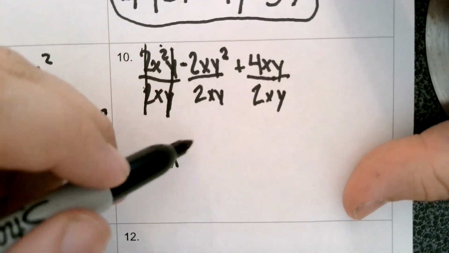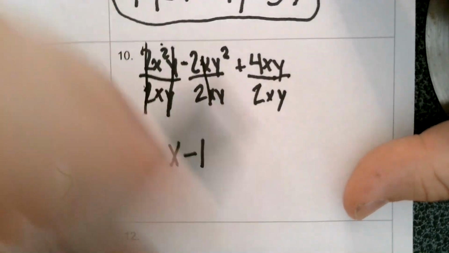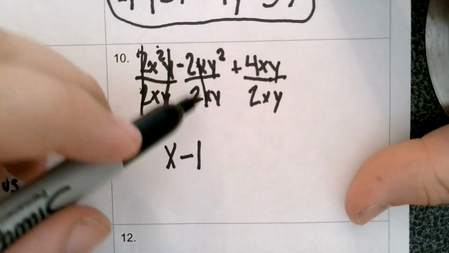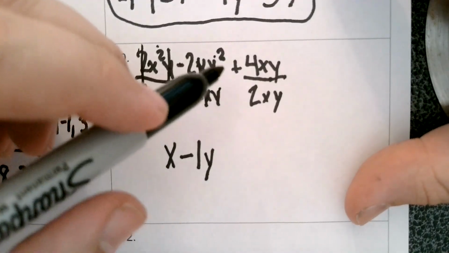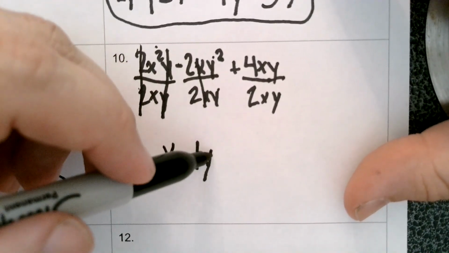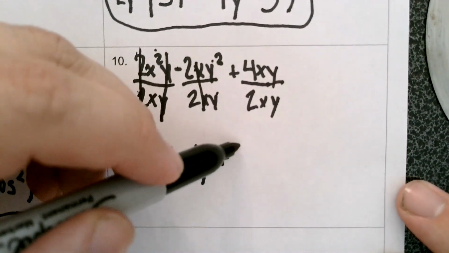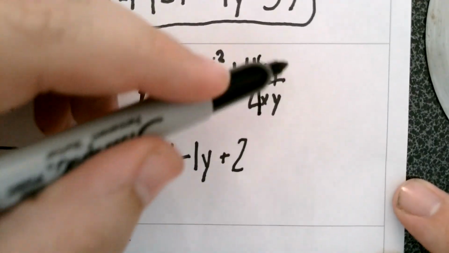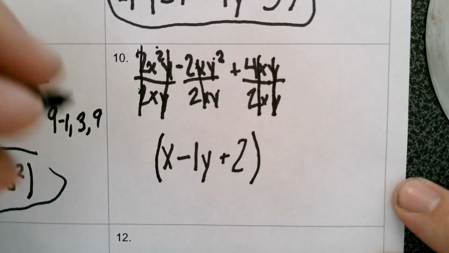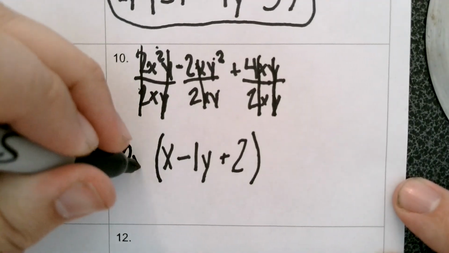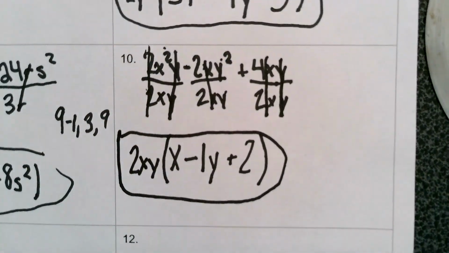Negative 2 divided by 2 is negative 1. x and x cancel. y^2 divided by y is y. y^2 divided by y^1 is y^(2 minus 1), which is y^1. 4 divided by 2 is 2. x cancels. y cancels. So it's just 2. Put in parentheses and throw your greatest common factor on the outside.